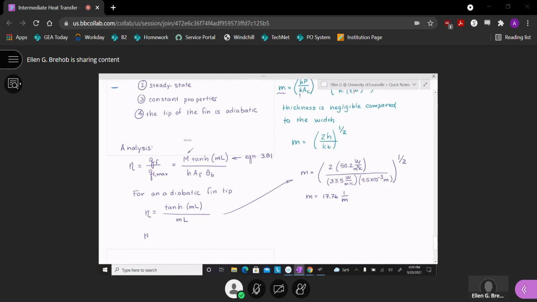So when I plug in numbers, has anybody tried using hyperbolic cosine, sine, or tangent on your calculator?